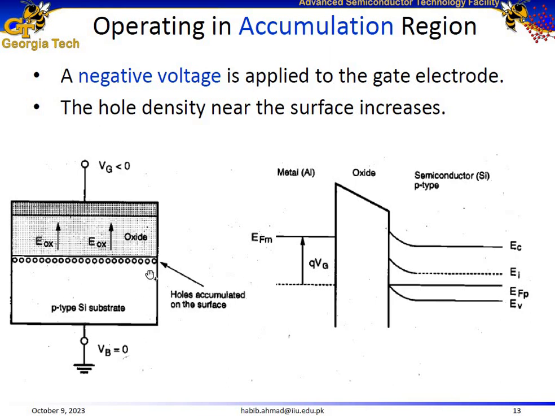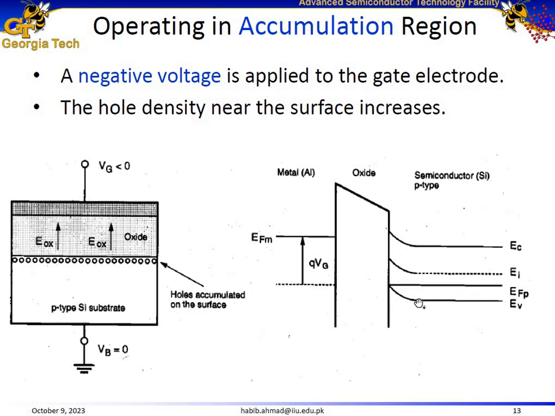As we saw that holes are actually attracted towards the surface in the metal oxide semiconductor structure, we can also see that effect in the energy band diagram as well. In the bulk region, away from the surface region, the Fermi energy level is close to the valence band, which means here we have a p-type semiconductor.